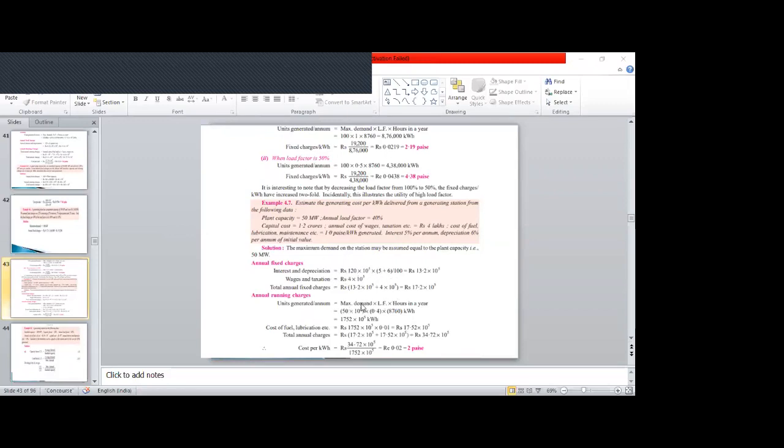I want you to do the complete solution in the next class. We have some more problems to discuss, since only 1 minute is left. Hope you have understood. Can you solve this problem? So annual fixed charge is equal to, you have to consider interest and depreciation.